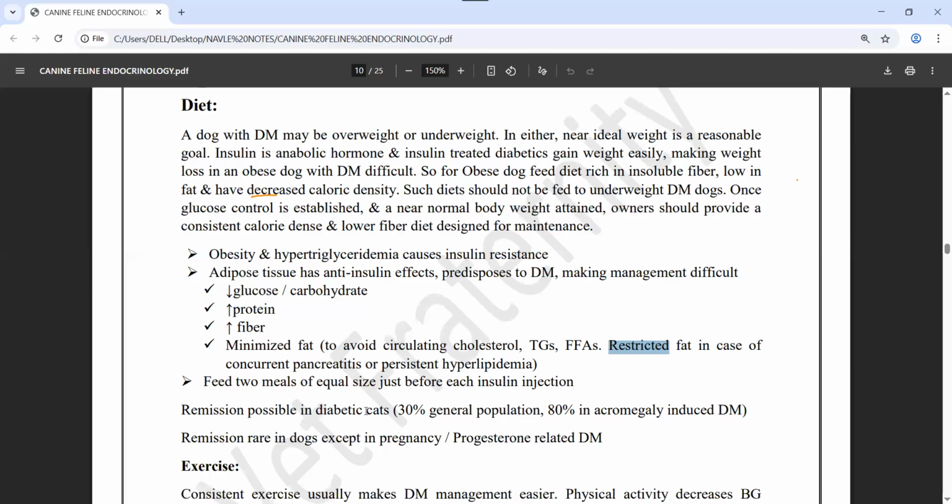To avoid that situation, feed the animal first and then give the insulin. Remission is possible in diabetic cats, 30% in the general population, and 80% in acromegaly-induced diabetes mellitus. You should know this point. Also, remission is rare in dogs except in pregnancy and progesterone-related diabetes mellitus, because that is a short term condition that will resolve later on.